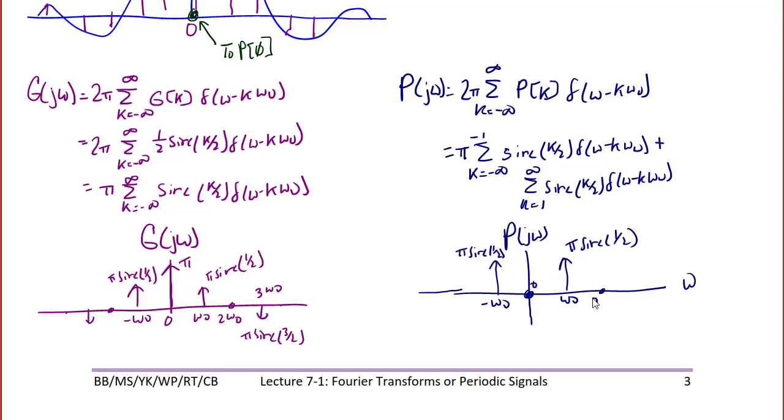Then I have a 0 at 2 omega naught and a 0 at negative 2 omega naught. And then at 3 omega naught I have pi sinc 3/2. Same at negative 3 omega naught, pi sinc 3/2, and so on.